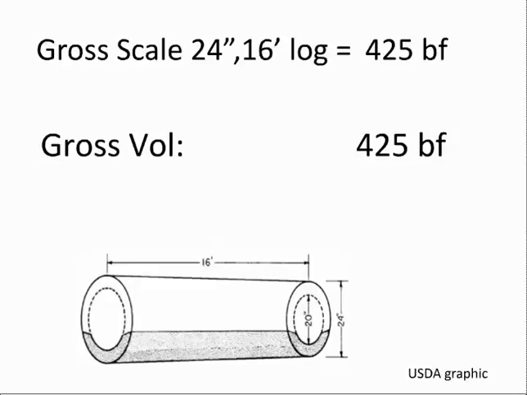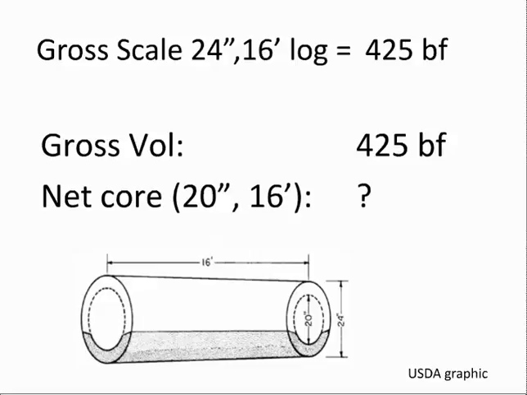But that's my gross volume. The trickier part here is getting the defect, because remember, the defect is only 2 inches, and it's only 1/3 of the way around the log. But the net core, I do have solid wood, 20 inches, 16 feet.